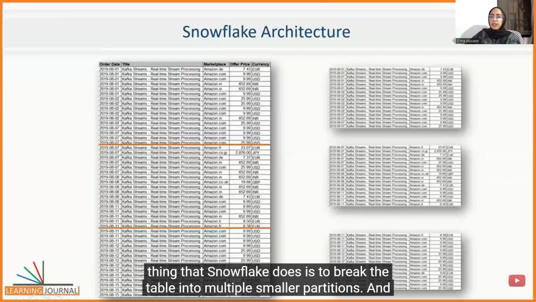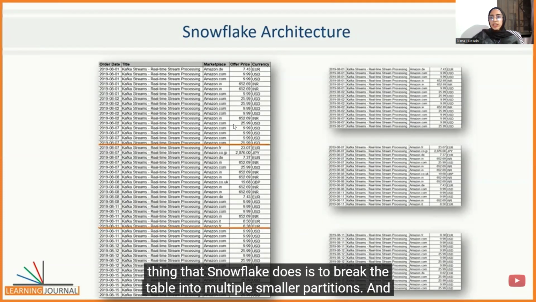Finally, I'm going to be explaining the Snowflake architecture in detail now. The first thing Snowflake does is break the table into multiple smaller partitions.